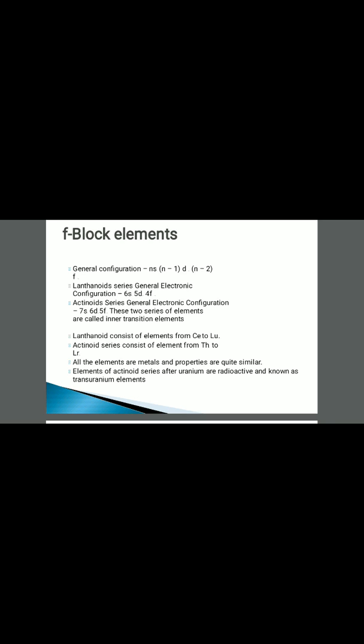The elements of the second series are from thorium to lawrencium, Th to Lr, which form a part of the incomplete seventh period, and are collectively called actinides or actinoids. Since all these elements follow actinium, they are named so.